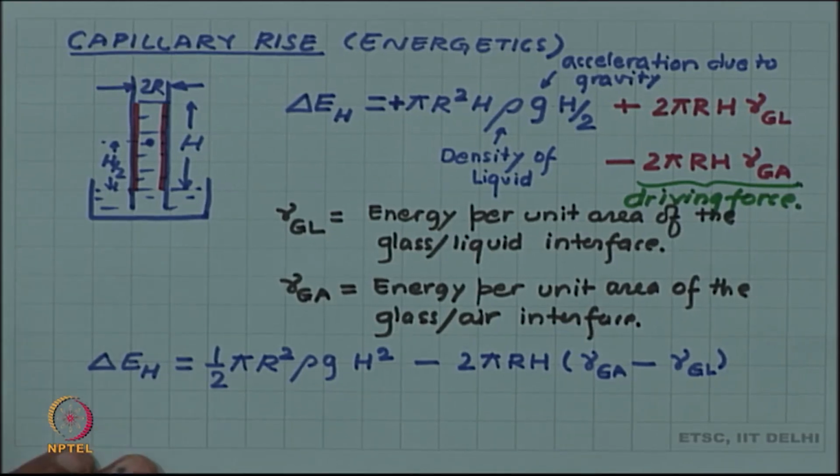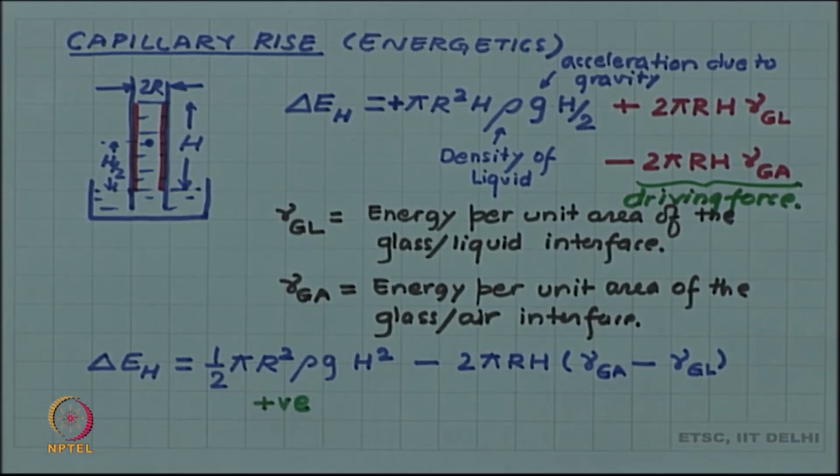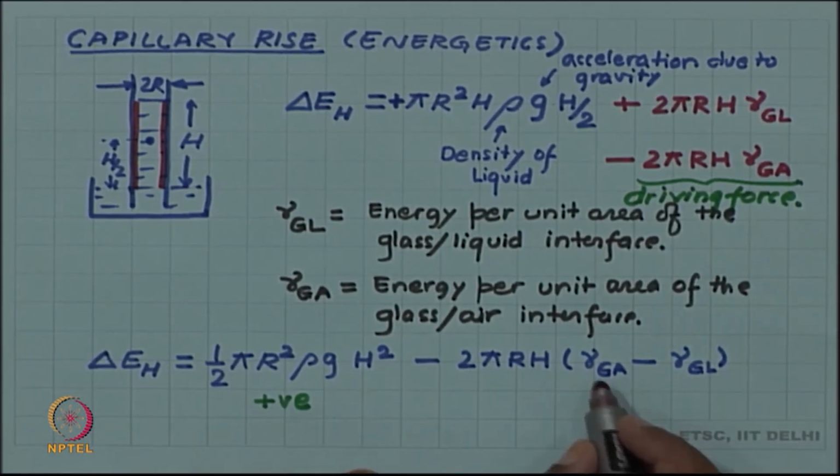This is positive, this is positive, so it cannot be the driving force. The second term can be negative or positive depending on the sign of gamma GA minus gamma GL.